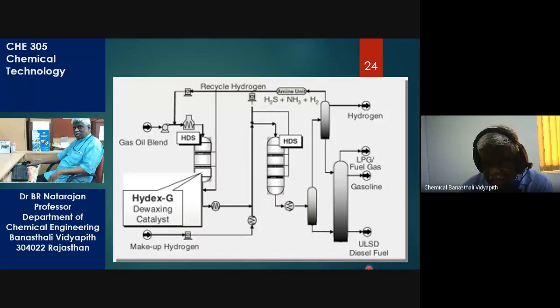High sulfur diesel, this is ultra low sulfur diesel. So I am converting high sulfur diesel into ultra low sulfur diesel by my catalytic dewaxing process, right? Yes. So wax removal is done by catalytic dewaxing. I could have used a solvent like MEK also, but catalytic dewaxing is catching up in a big way.